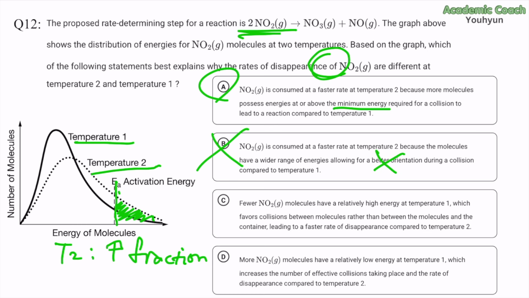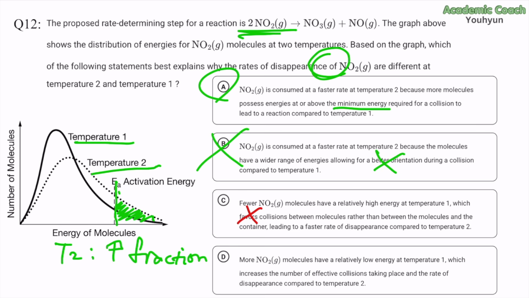C, fewer NO2 molecules have a relatively high energy at temperature 1. That's correct because at temperature 1, only a smaller portion of the particles have high energy, which favors collisions between molecules rather than between the molecules and the container. So, no, if there are fewer particles with high energy, then it does not favor collisions.